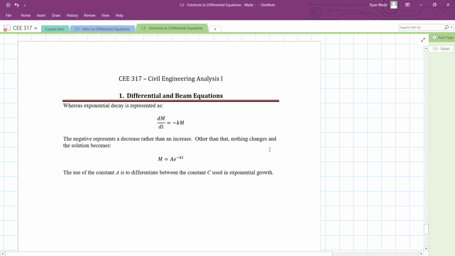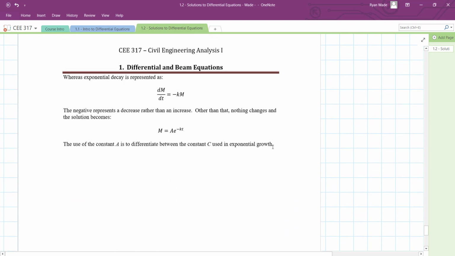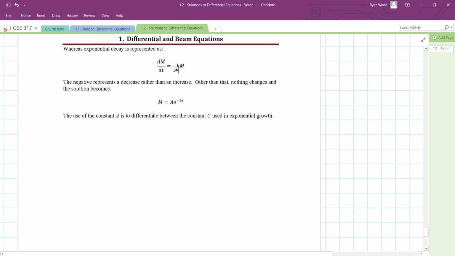Basically the same thing happens with exponential decay, but it represents a decrease, and that's just this part here. When we do the integration again, all we end up with is a negative here. So this is to mark that it's a decay rather than a growth, and we use m instead of P. But there's still the same kind of constant, and in this case it's e to the negative k times the value of time.